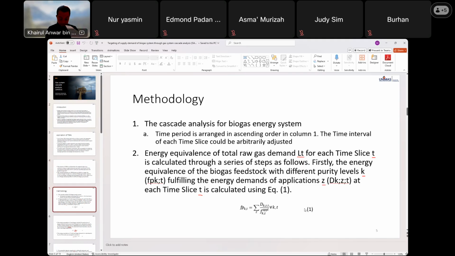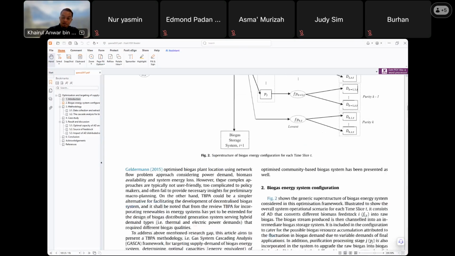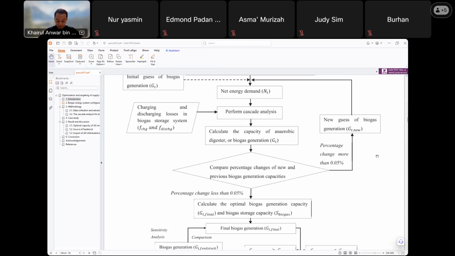So we have a look at the figure here. It's figure 3, page 105.